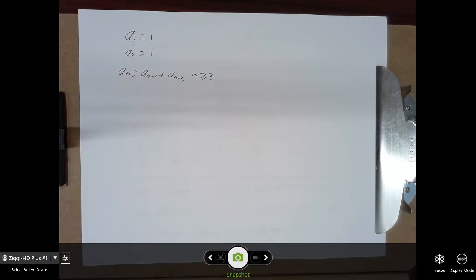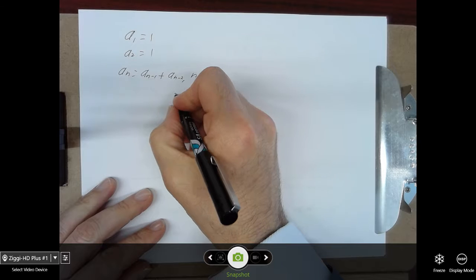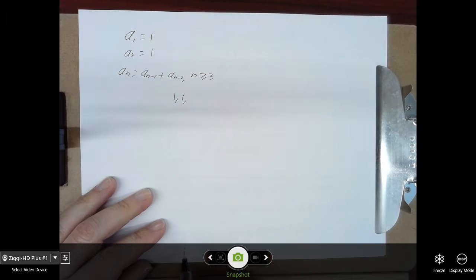So here's a famous recurrence relation. A1 is 1, A2 is 1, and for n bigger than or equal to 3, AN is AN minus 1 plus AN minus 2. It's the sum of the two previous terms in the sequence. So this looks like 1 and 1 for your first two terms.